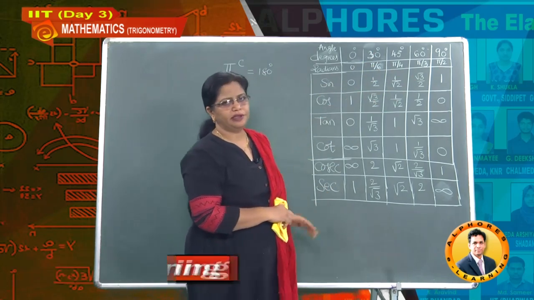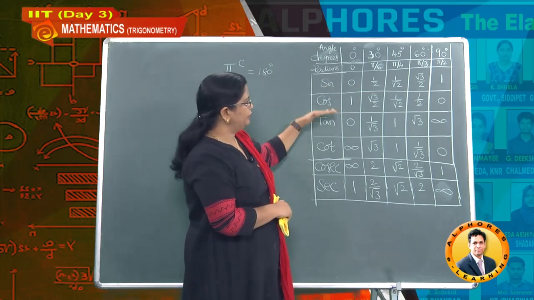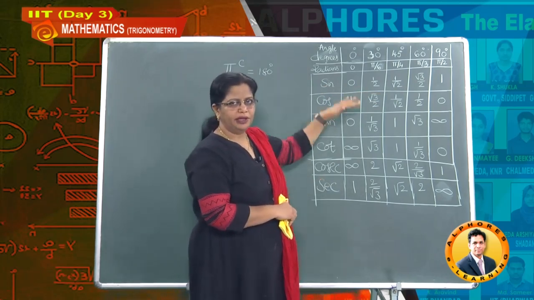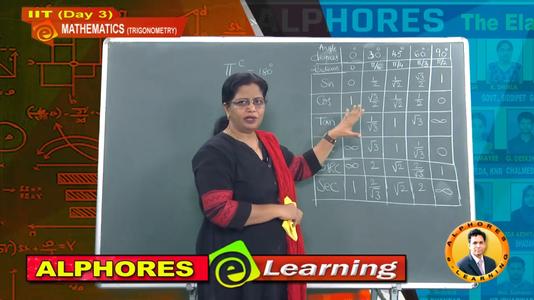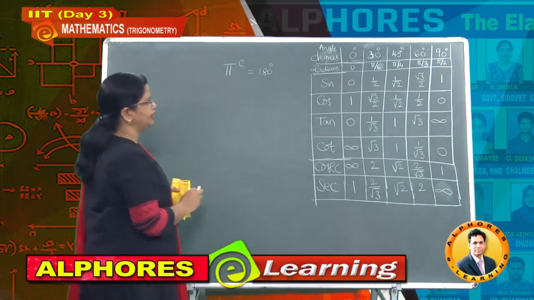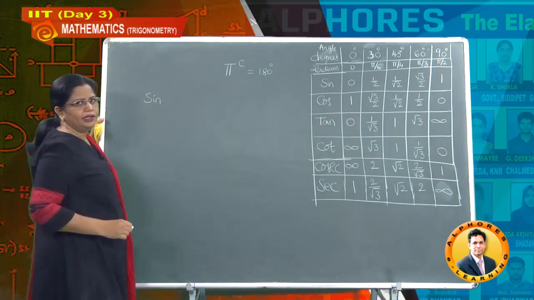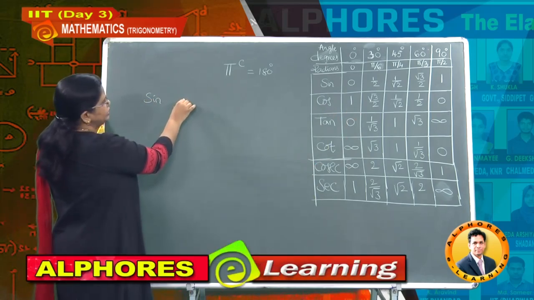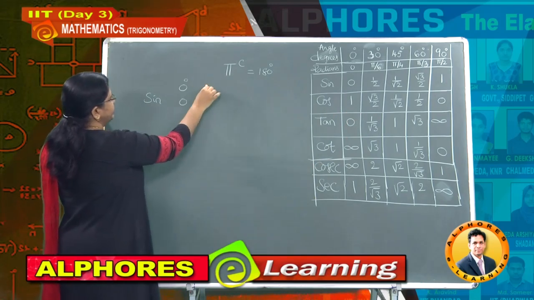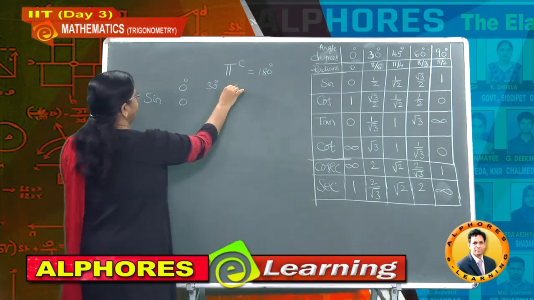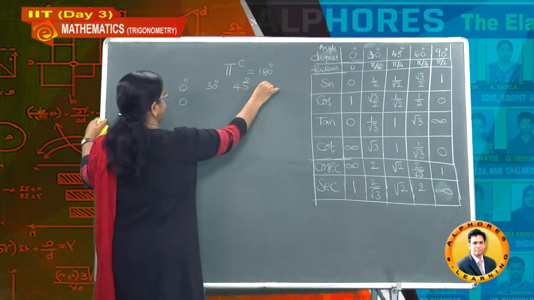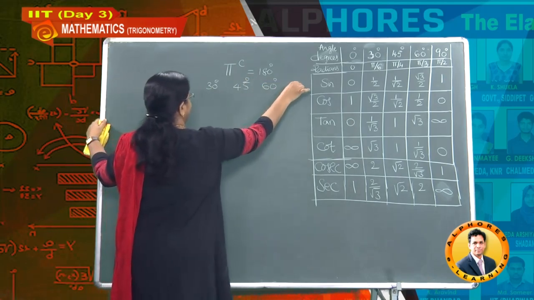All these values are there, and suppose you find any difficulty while writing this tabular form, just follow one trick. First I have taken sine, and after this we wrote 0 degrees, 30 degrees, 45 degrees, 60 degrees and 90 degrees, right?